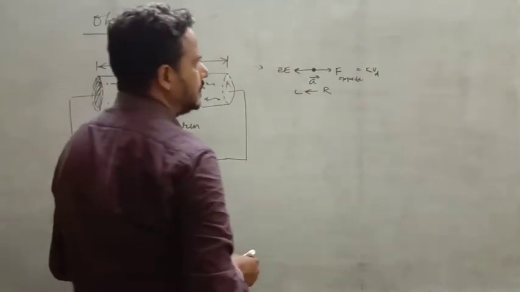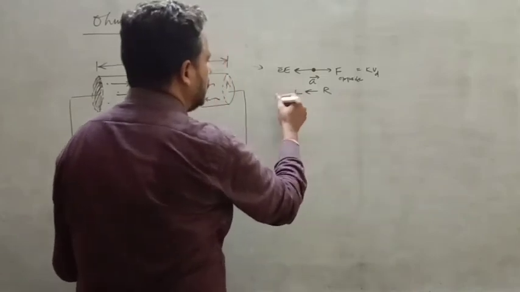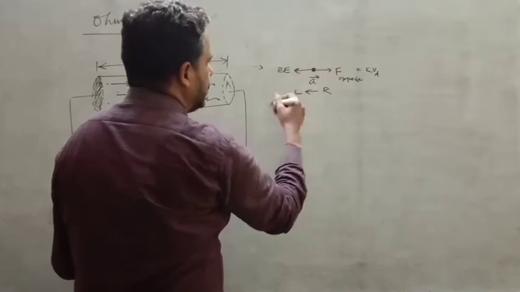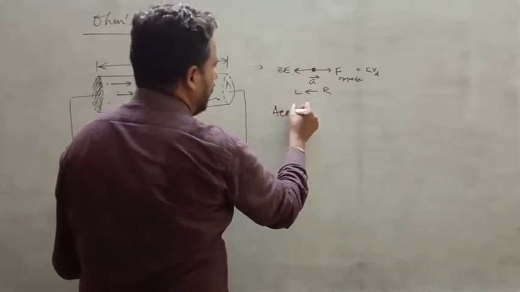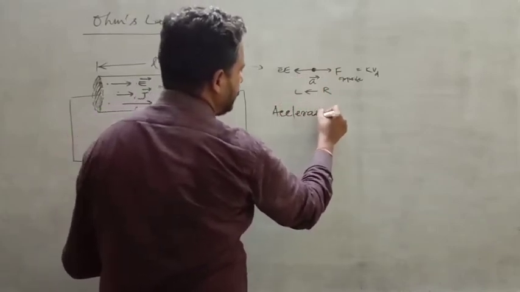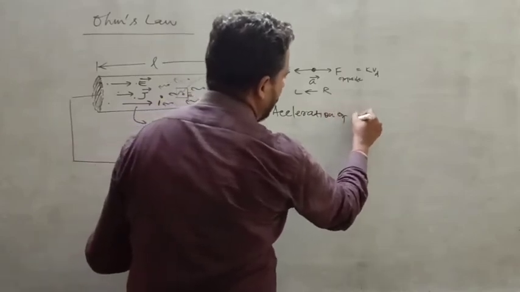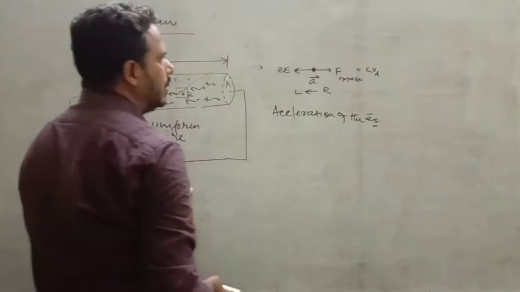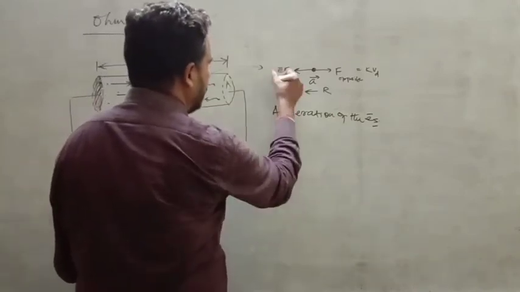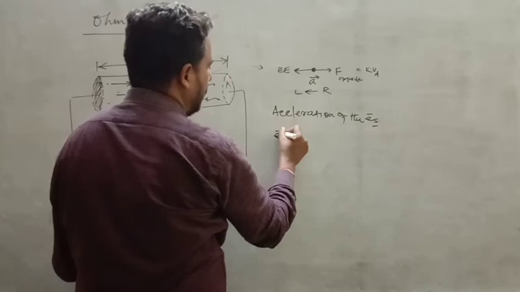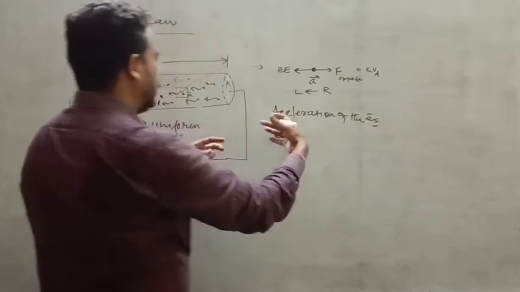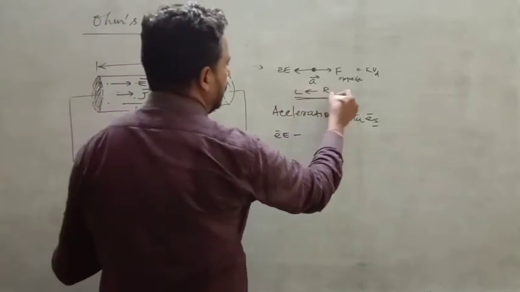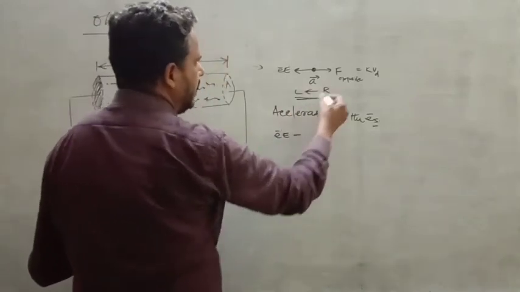Alright, so from there you can find the acceleration of the electrons. How can you find it? Because the electrons are flowing from right to left, eE is greater than kVd.